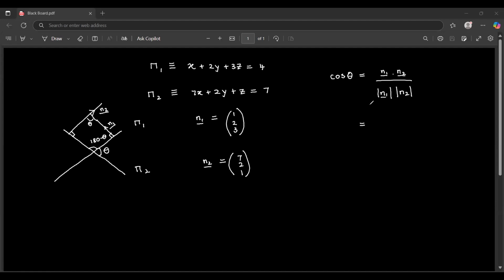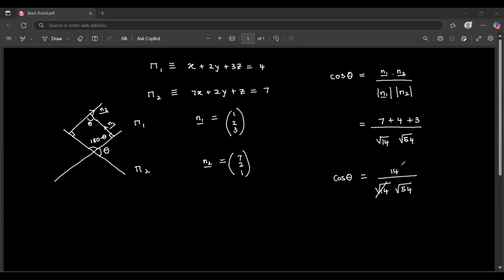n1 dot n2 will be 1 into 7, 7, 2 into 2, 4, 3 into 1, 3, so 14. Modulus of n1 will be 1, 4, 9, so square root of 14, and modulus of n2 is 49, 53, 54, square root of 54. So I have 14 in the numerator.